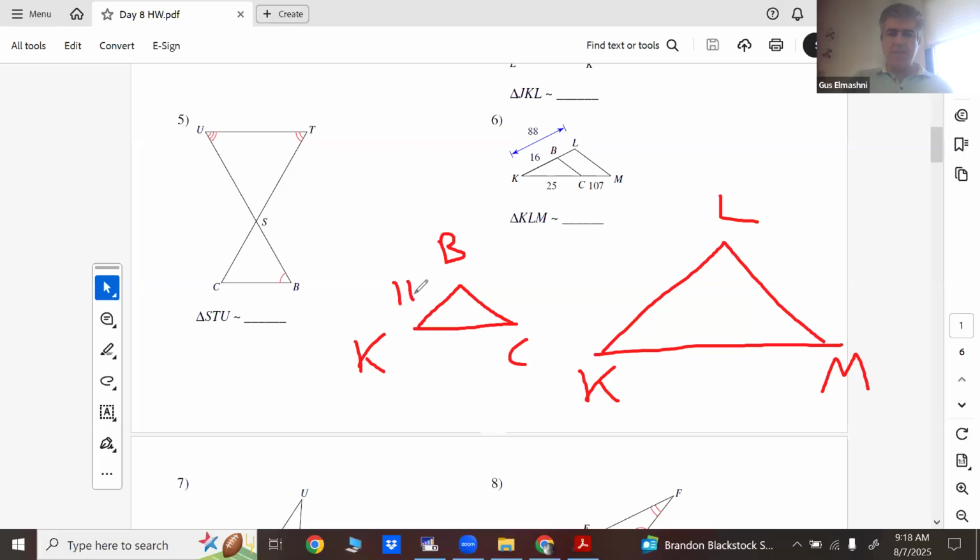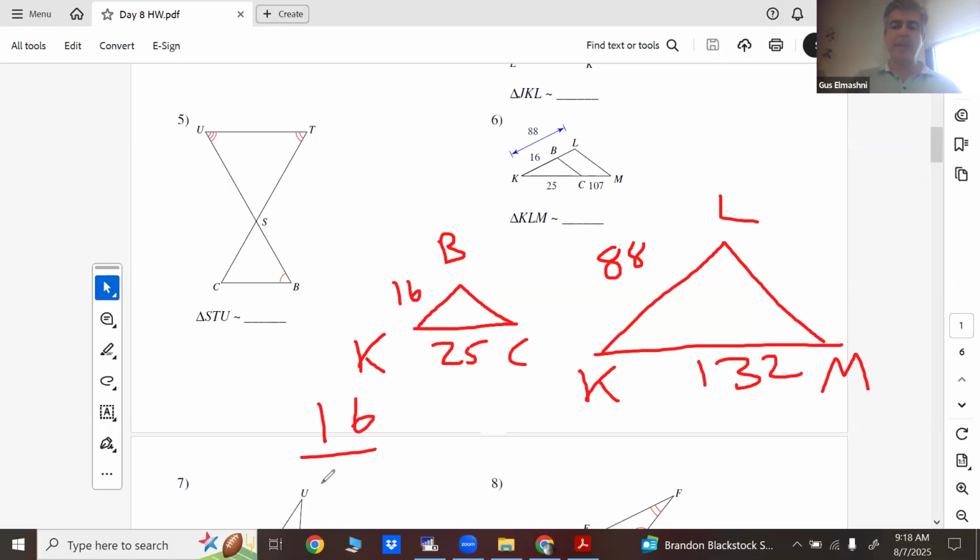So that's 16 and 25. That's 88. Now careful, how long's CM, guys? 107 cm. You have to add it with KC as well. Totally not to scale. Maybe 132.